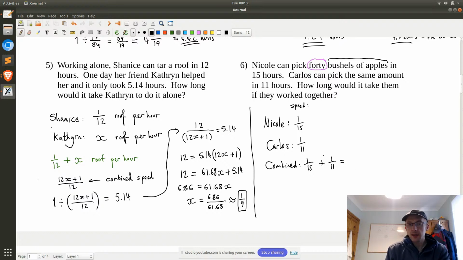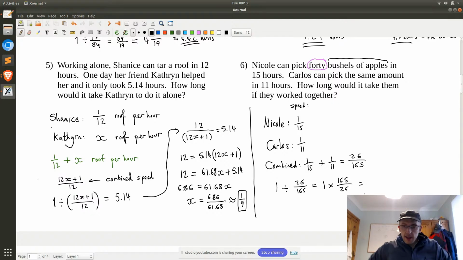Okay, so that's 11 add 15 all over. What's 15 times 11? 165. So 26 over 165. Like that. And 1 divided by that quantity is the same thing as 1 times the reciprocal.